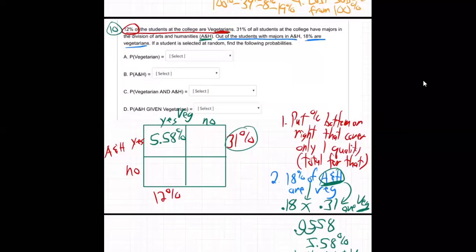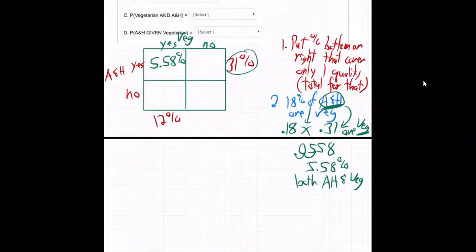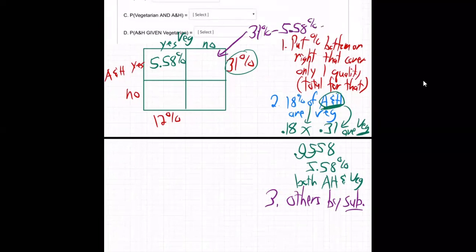Okay. And now we get the rest by subtraction. We can get this right here by taking 31% minus 5.58%, which is, I'm getting 25.42%. Same thing here, get this by subtraction, 12% minus 5.58%.